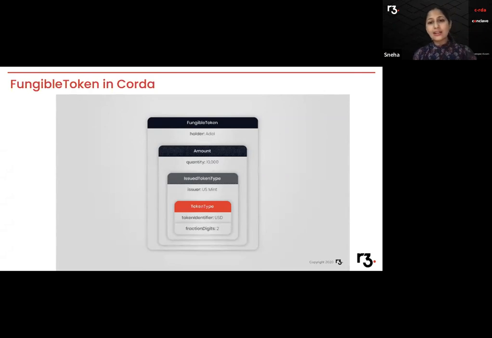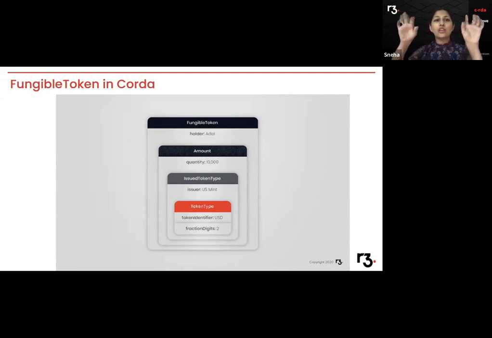The amount signifies the amount of the fungible tokens. Again, please note that tokens with the same token type but different issuers are considered completely different and cannot be mixed. So let's say that you define two fungible tokens, and both of them have been derived from the base token type, which is the car.